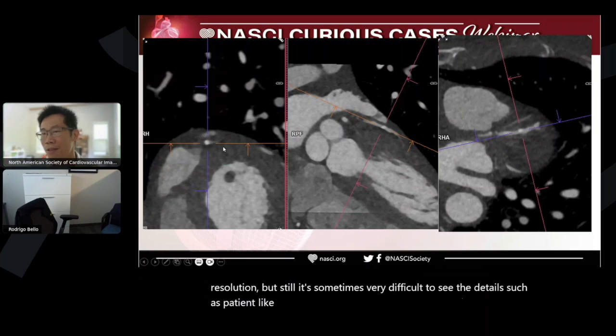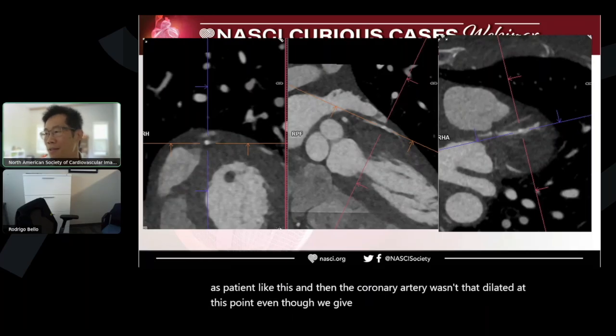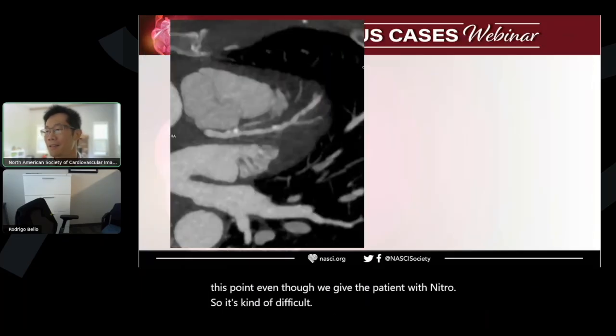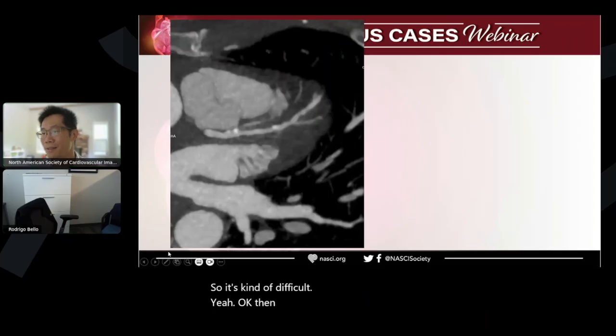The coronary artery wasn't that dilated at this point, even though we gave the patient nitro. So it's kind of difficult.